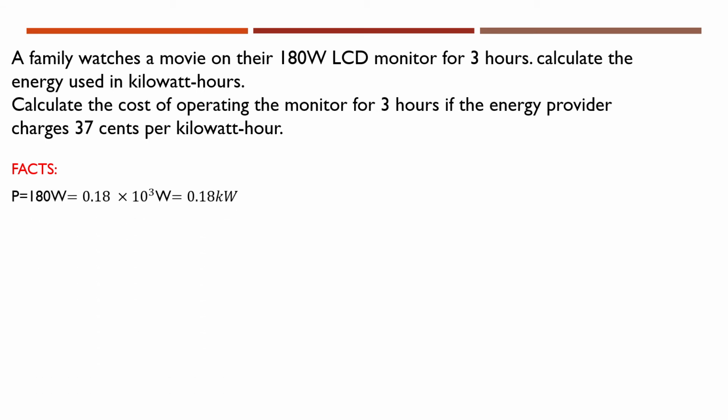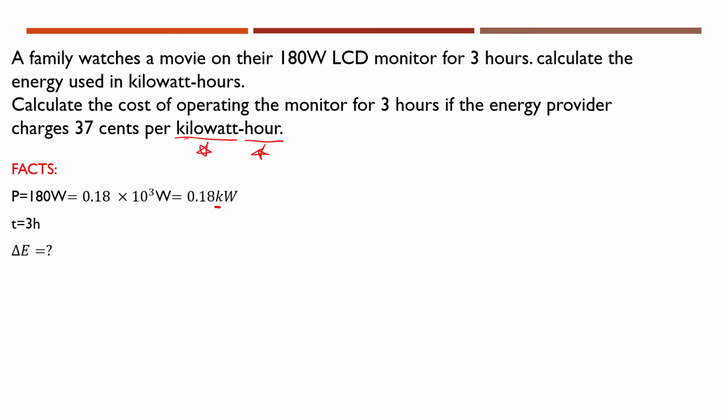So all you have to do is, first of all, write your power, 180 watts. And then I would write 0.18 times 10 to the power of 3 watts into kilowatts, because we want kilowatts. So that's important, as well as having hours. So make sure it's in kilowatts. Time is 3 hours.